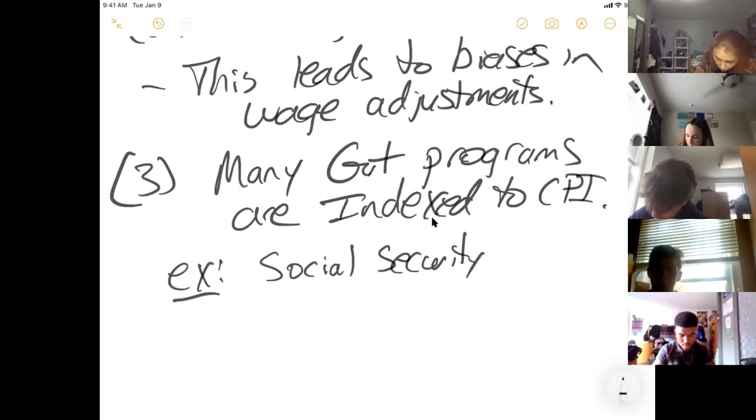Okay, so for Social Security, it is indexed to the consumer price index.